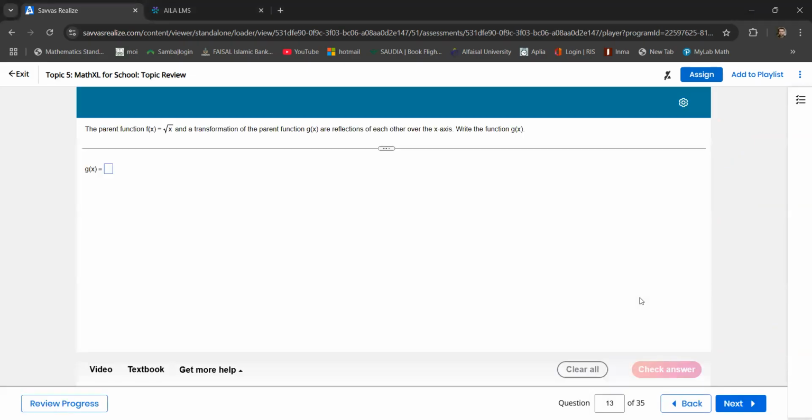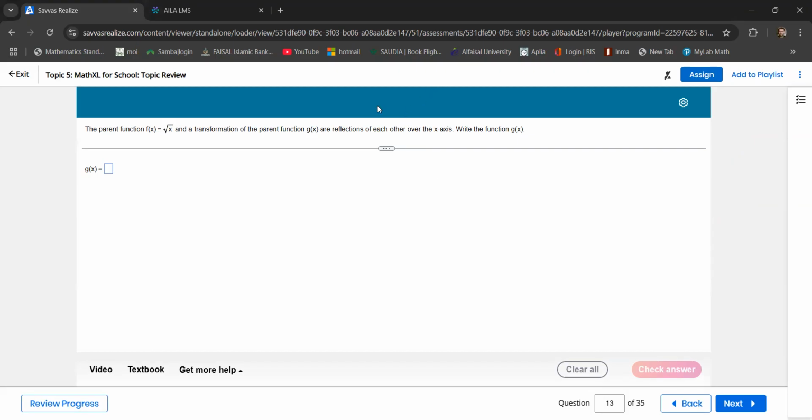The parent function f of x equals root x and a transformation of the parent function g of x are reflections of each other over the x-axis. Reflection over the x-axis.